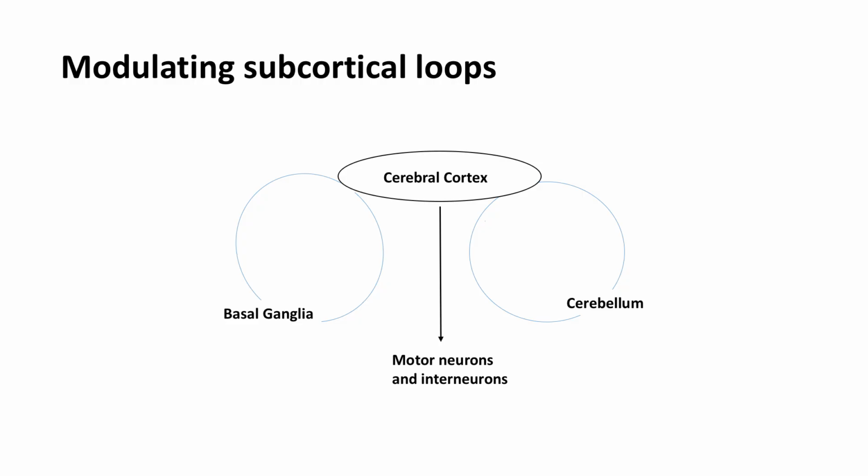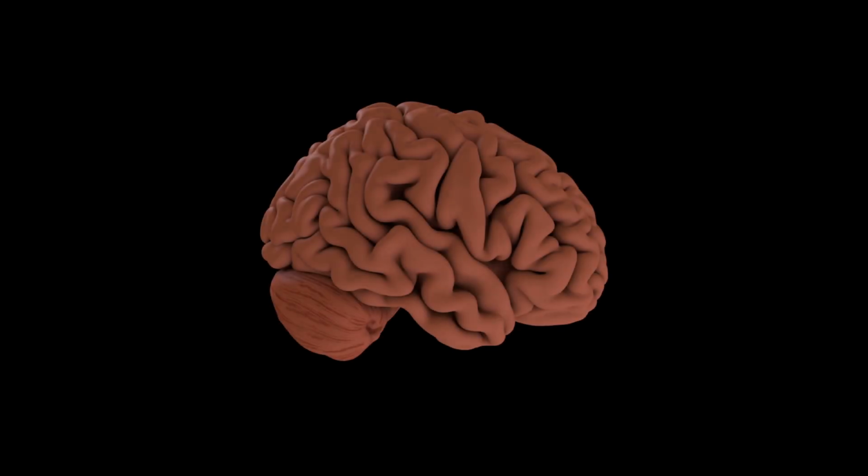These main tracts interact and are regulated through small subcortical pathways such as the rubrospinal and the vestibulospinal tracts. In addition to movement planning and generation, movement is also finely modulated through two main big loops, the cerebellar loop and the basal ganglia loop. Let's start with the cerebellar loop.